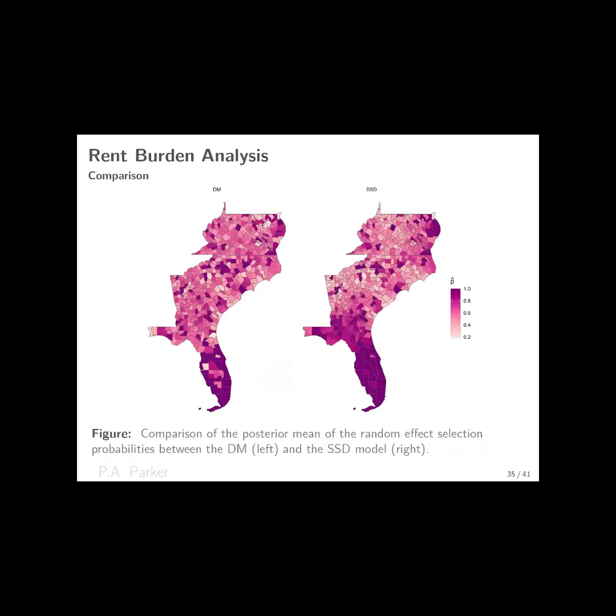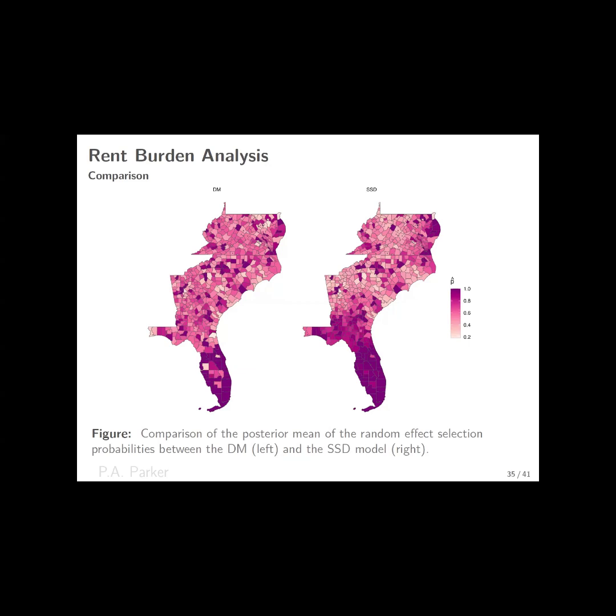One other interesting comparison here is with that DM, that data Mendel model, which, recall, models inclusion of the random effects, but it doesn't consider any spatial dependence. And so if you fit that DM model on this data set and you just plot the posterior mean of those inclusion probabilities for each area, you get the plot on the left, and you can see some spatial structure there, right?